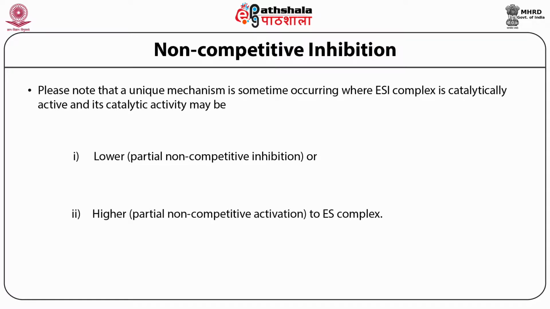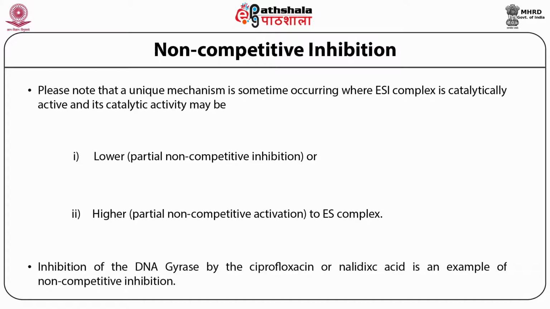If it has higher catalytic activity, then it is known as partial non-competitive activation of the ES complex. Non-competitive inhibitors do not affect ES formation, but they will affect product formation. One such example is the binding of ciprofloxacin or nalidixic acid to DNA gyrase.